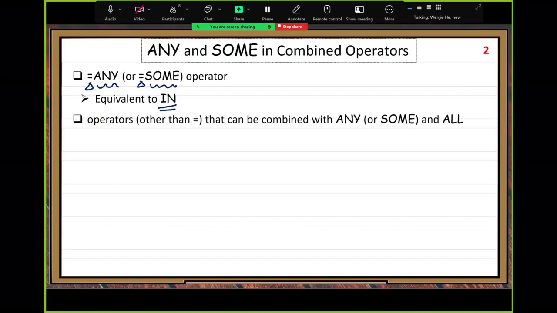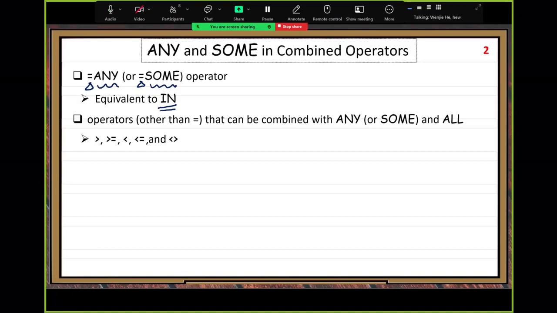Operators other than equal can be combined with any or some, and also all. Not equal, greater than, less than are also possible. So greater or equal, less than, less or equal, or not equal can be combined with any, some, all. You use your logic, and the meaning is based on the logic.